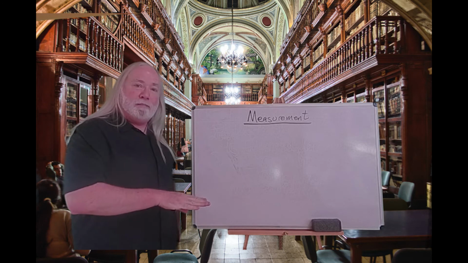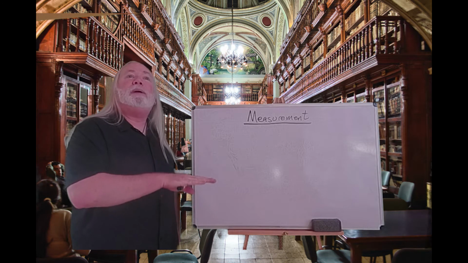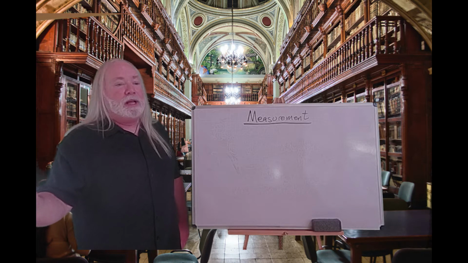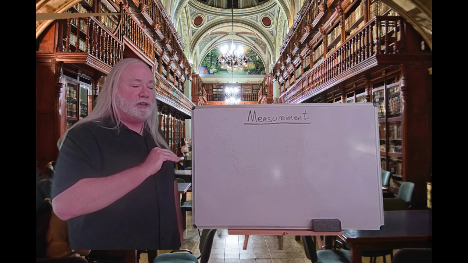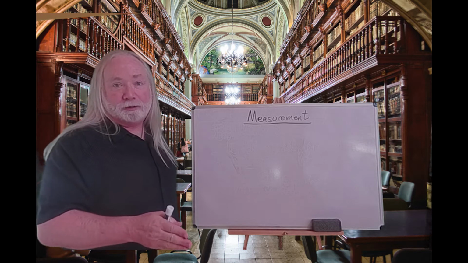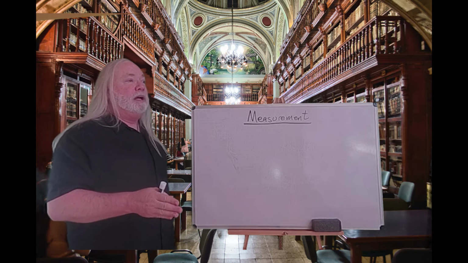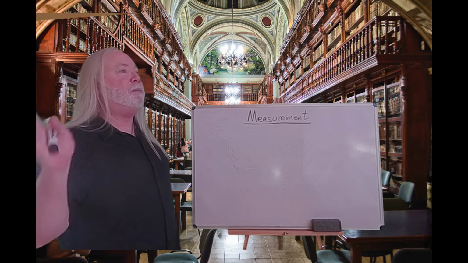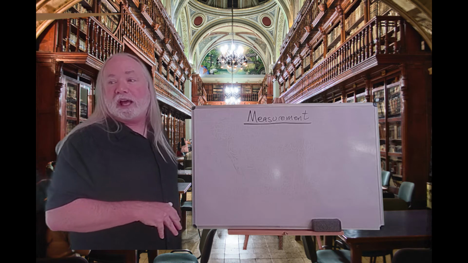So how we measure variables has a direct impact on what we can do, what type of analysis we can perform. Now, some variables, you don't have a choice. It is what it is. And other variables, the researcher can make a decision, but they've got to make all those decisions before they start their study.